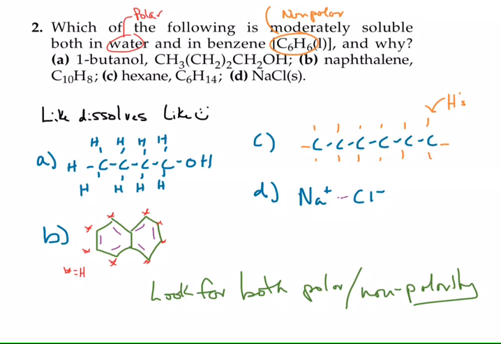For C, we have hexane, normal hexane with all those carbons in a straight line. And of course, what are the oranges here? Hydrogens, yep. And then we have salt. So you basically want something pretty close to the middle of polar and nonpolar.